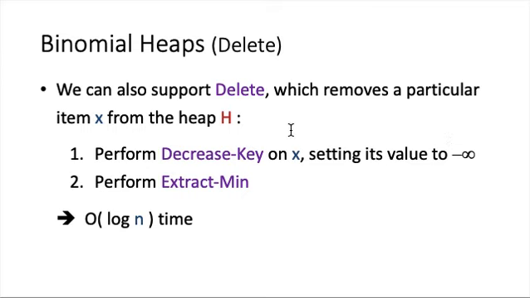After this decrease key operation, this must be the node with the minimum value. So we call extract min. So deletes can be performed by doing decrease key and then extract min. Because both operations run in order log n time, delete can be done in order log n time.